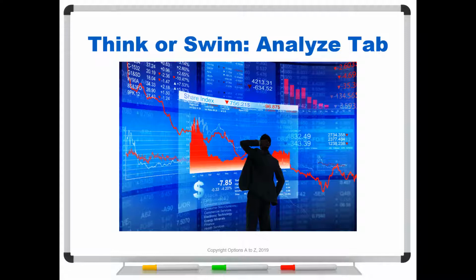Now, for those of you who don't know what a profit and loss diagram is, I have a separate video on that topic, and I will include a link in the description below that you can use for reference. But any of your good options brokers should provide some type of a tool that allows you to see your various profits and losses under various conditions.